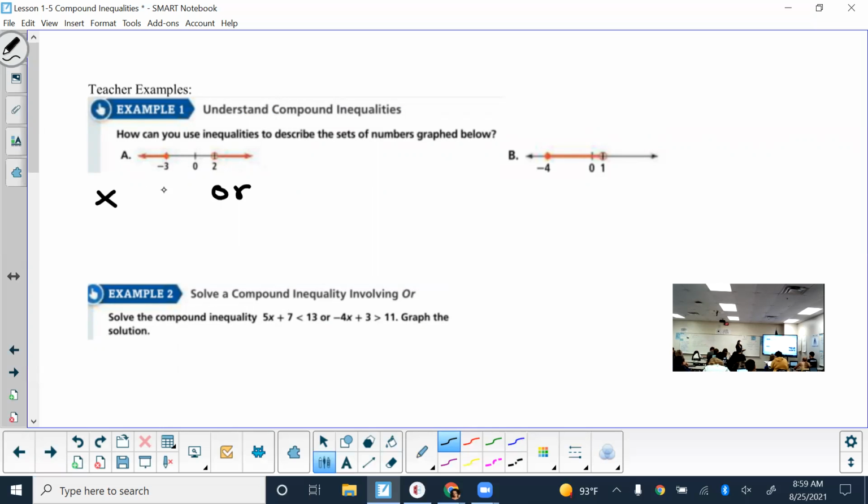So x, leave some space for the symbol, -3, or put another x, leave some space for the symbol, and then the circle is on the 2, so I write 2. I just set it up that way so I can really focus on what these signs should be. Any questions there?